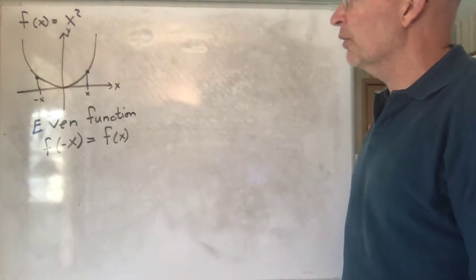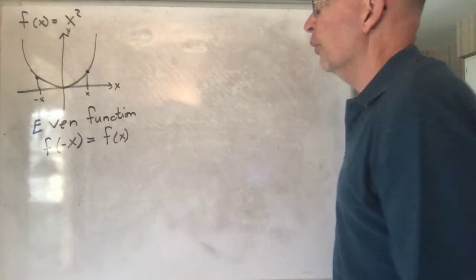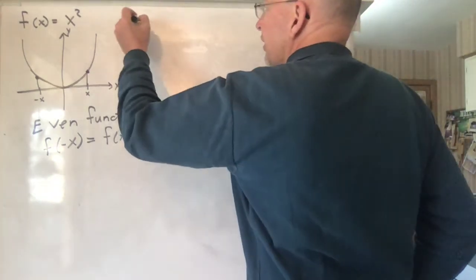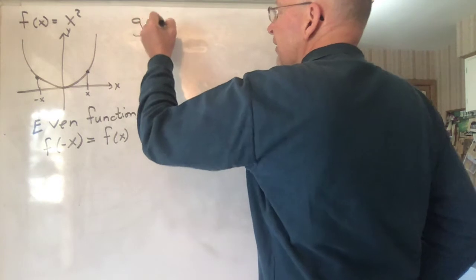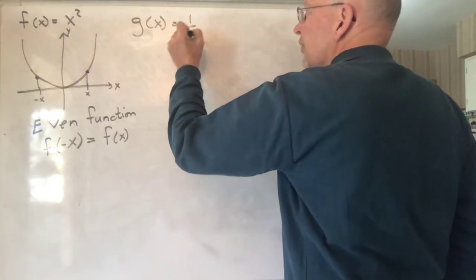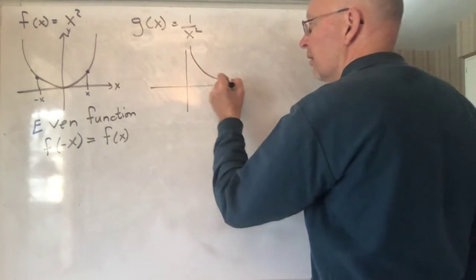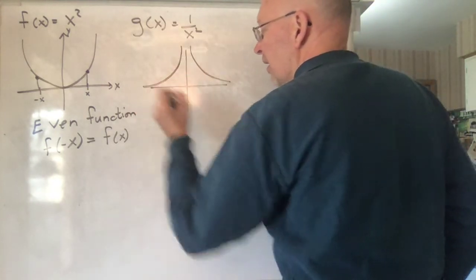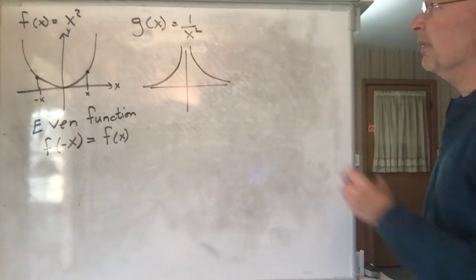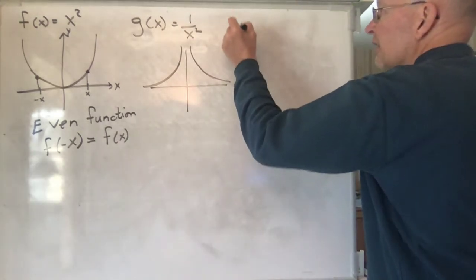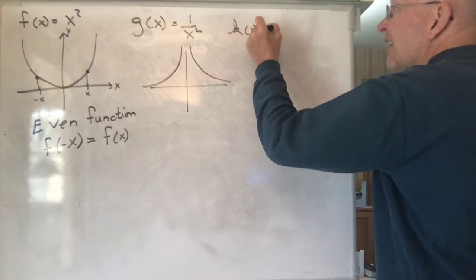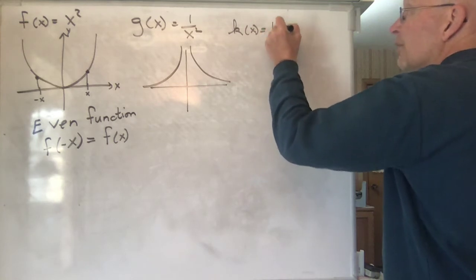And we had quite a few even functions. X squared was one of them. Other ones that were on that list that we just did was 1 over x squared. Remember, that one looked like this. That was an even one. Another even one, I'll call it k of x, is absolute value of x.